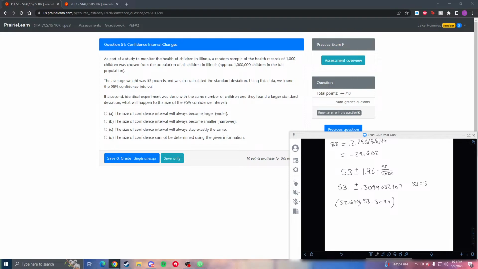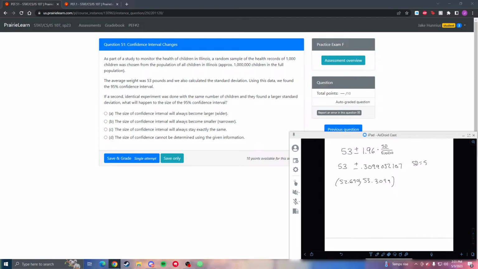So when the second identical experiment was done, same number of children, they found a larger standard deviation. Let's just do standard deviation equal to 7 for our second one. I'm going to replace the 5 with the 7 and do the exact same calculations. For standard deviation equal to 7, we get a margin of error of plus or minus 0.433864495.